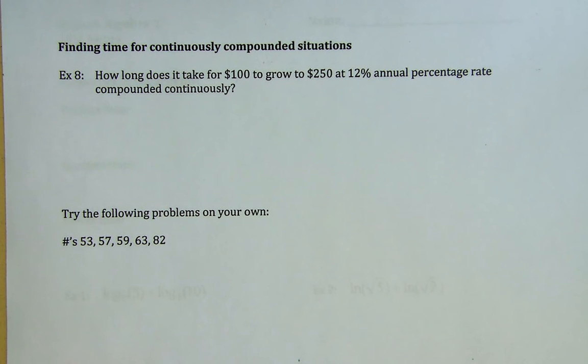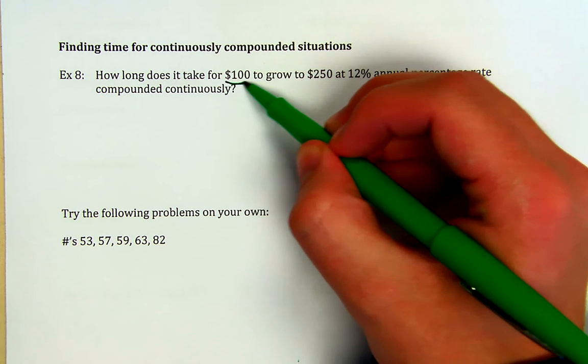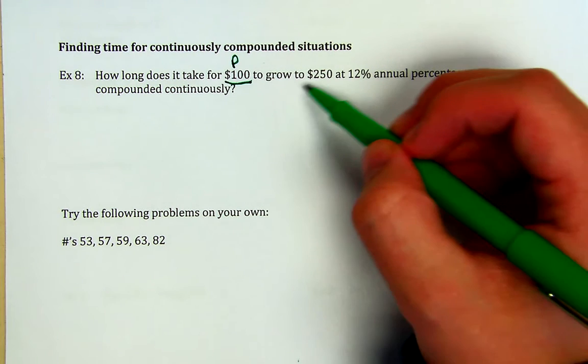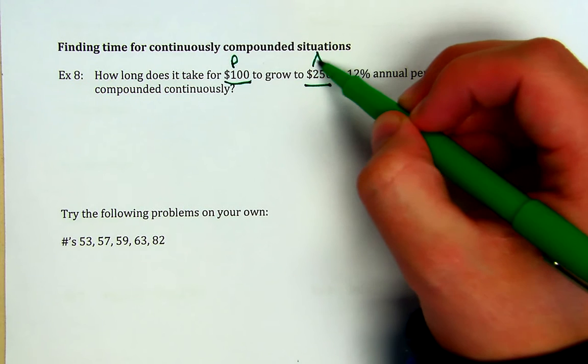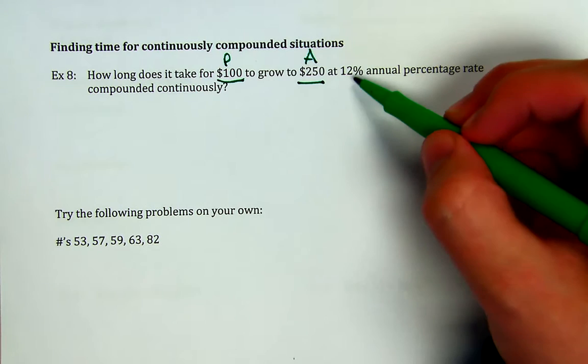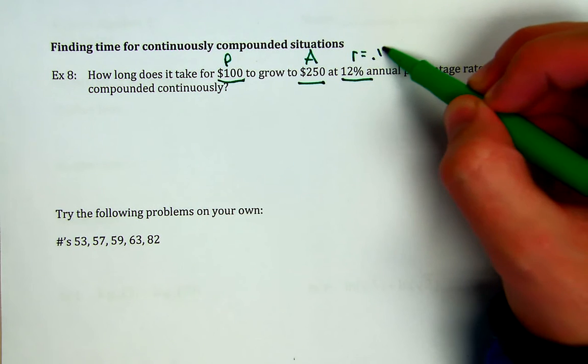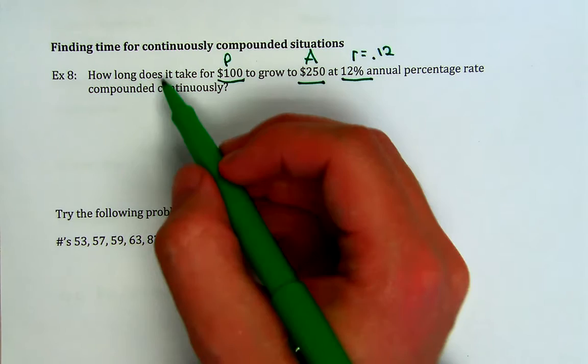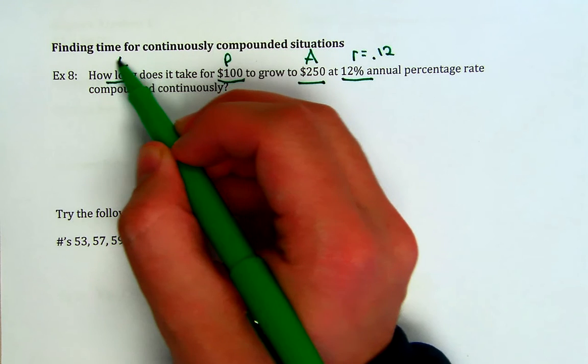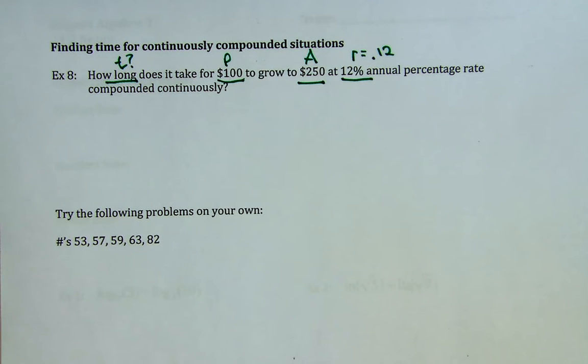How long does it take for $100 to grow to $250 at 12% annual percentage rate compounded continuously? Well, my principal amount is 100. It grew to 250. That is the new amount. 12%, well, that's the rate, but remember the rate always has to be a decimal. And it's asking how long, so I want to know what t is.